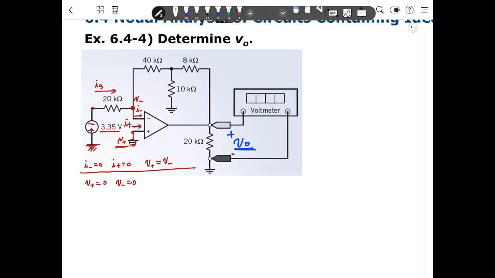So the current here, I3, is this voltage, minus 3.35, minus V minus, over 20 kilo. And because V minus is 0, it will be written as minus 3.35 over 20 kilo. And this current is 0.